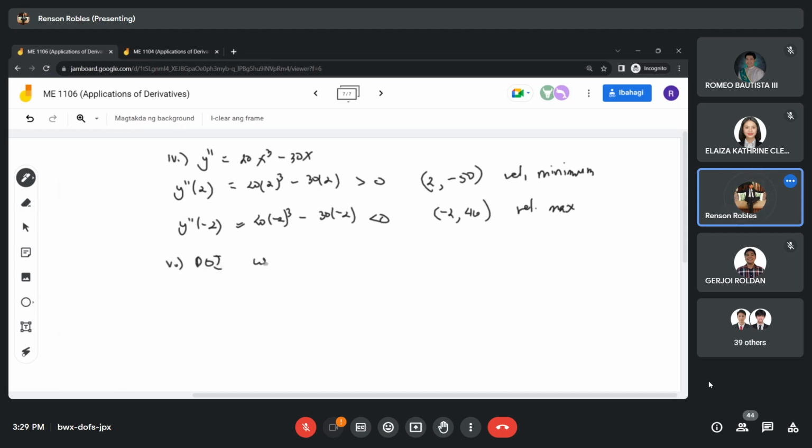Alright, and then the point of inflection. So you let y double prime equal 0 and then solve for x. I have y double prime: 0 equals 20x cubed minus 30x. What is x?